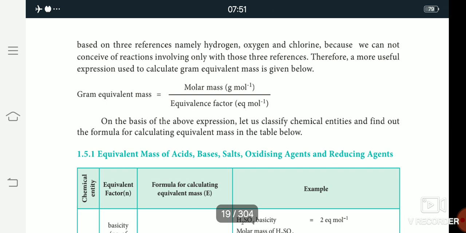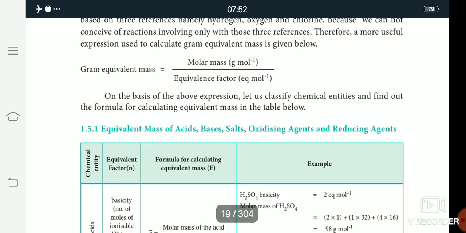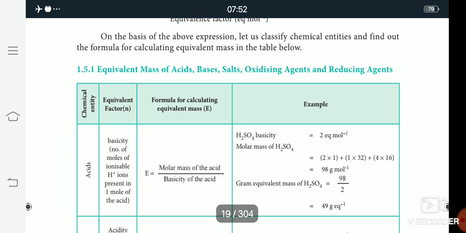So this is the gram equivalent mass formula. This equivalent mass formula is used in calculations for acid, base and salt, and in oxidation and reduction reagent calculations.